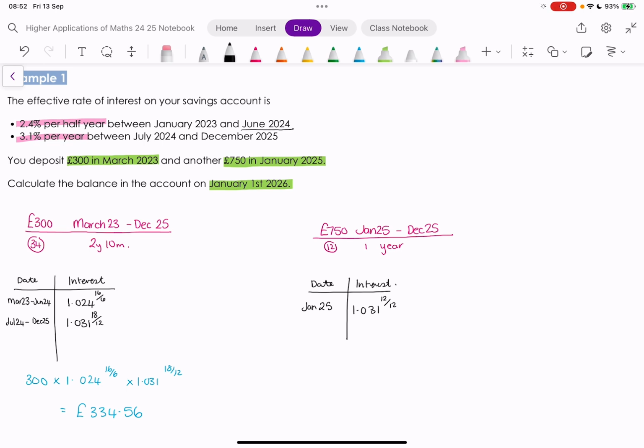All right, so again, we don't need the table necessarily, but it's just a nice way to keep track of things if that's what helps you. So that's going to give me £773 and 25 pence. So the balance on the 1st of January 2026 is those two added together, so £1,107 and 81 pence.